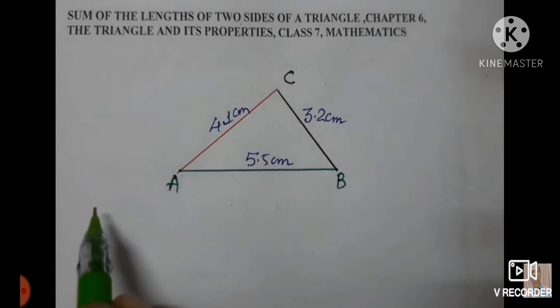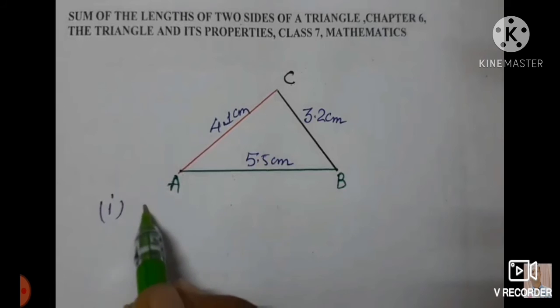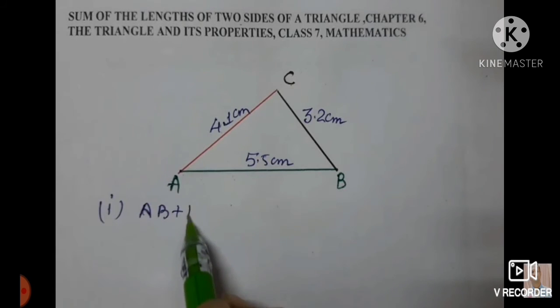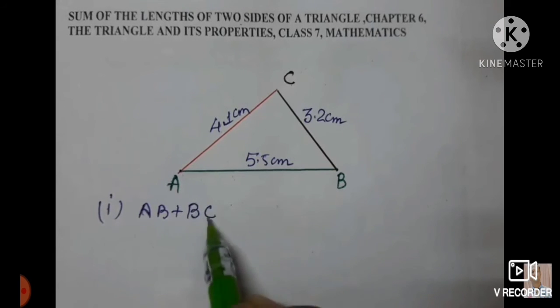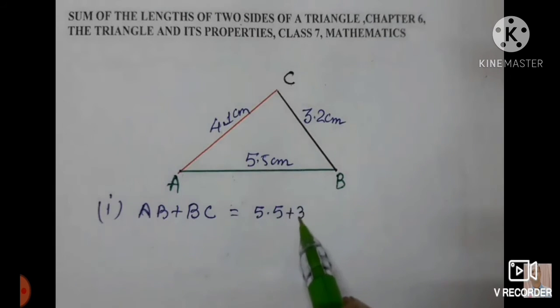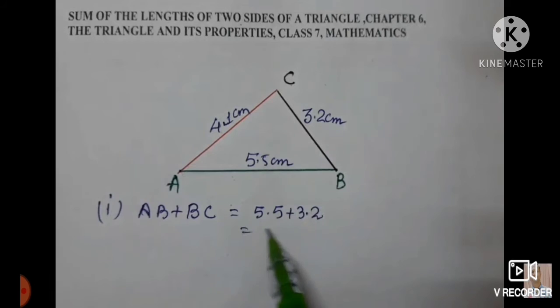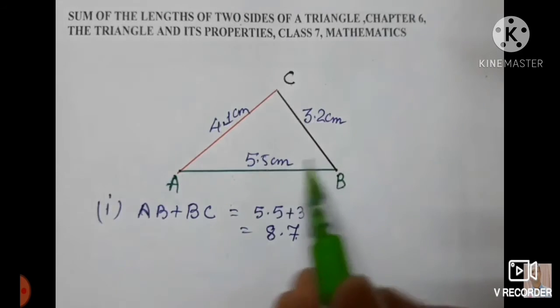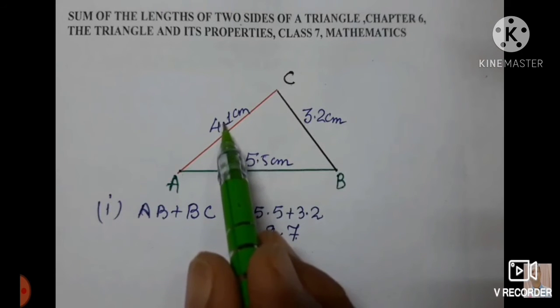The sum of the lengths of two sides of a triangle is always greater than the other side of the triangle. Now, AB plus BC: AB is 5.5 plus 3.2. What is the sum? That is 8.7 centimeters. The sum is greater than the other side.